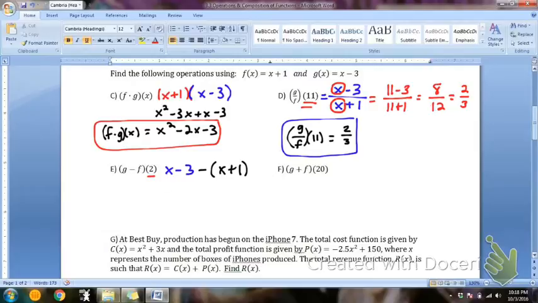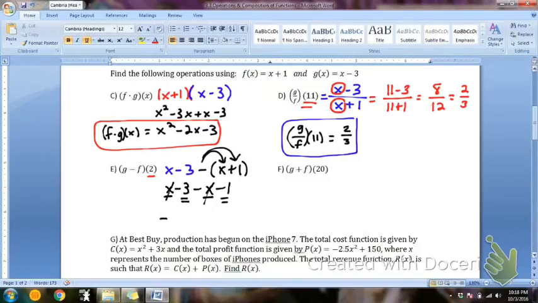So let's go ahead and simplify. X minus 3 minus x minus 1. Remember, we distributed our negative sign here and here. If I combine like terms, I have an x minus an x. Well, x minus x is 0. So in this problem, my variables cancel out, and I have a negative 3 minus 1.